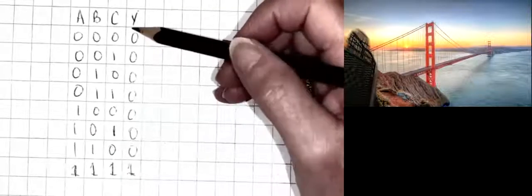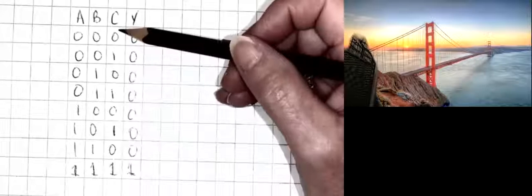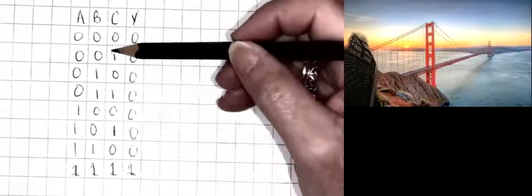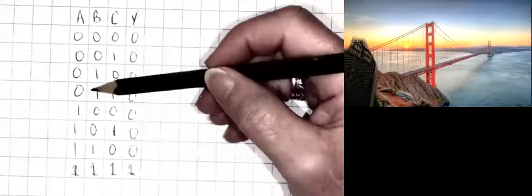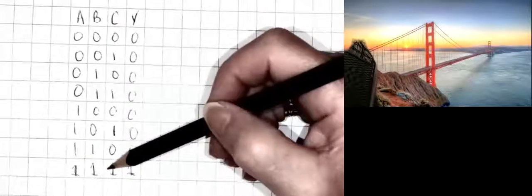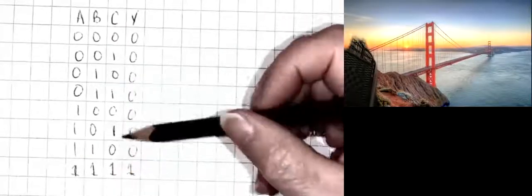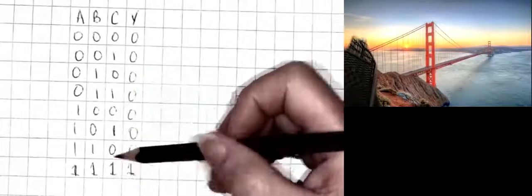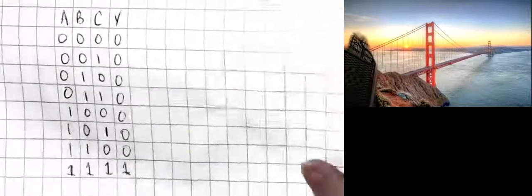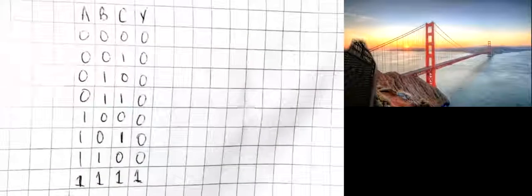Now, if you look at the outputs, this was back to the AND gate, and they all have to be high. Notice that here, when we only have 1 or 2 as highs, our output always stays 0. The only time they all go high in this AND gate with 3 inputs is if all 3 inputs are high. And so we can look at figuring out how many combinations we have.